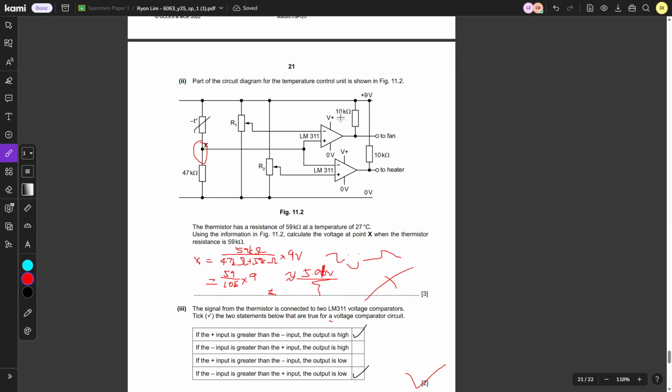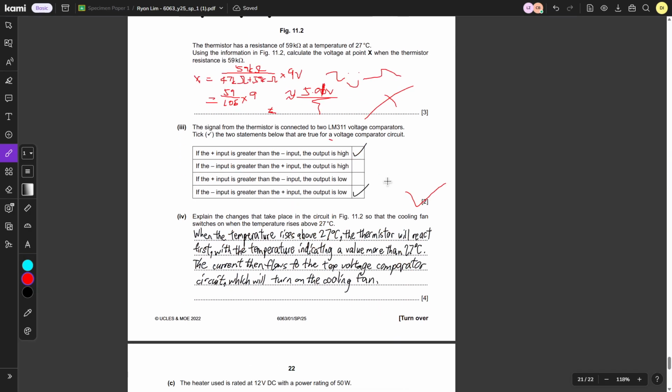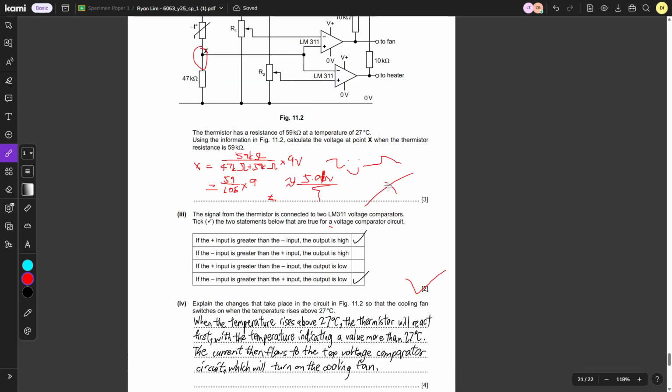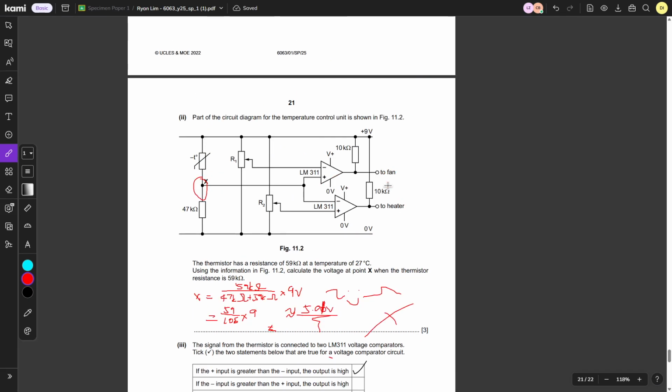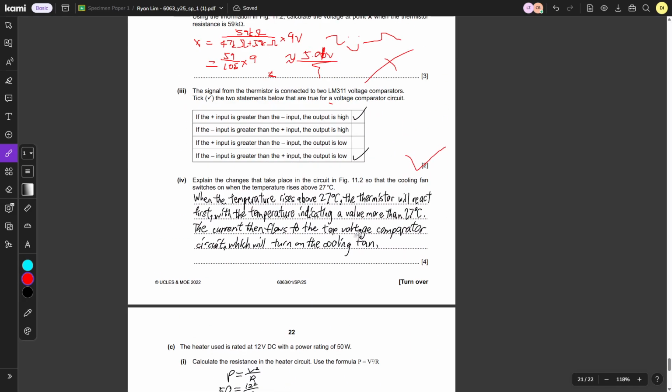I mean, you're not wrong. That will work, yes. That's what will happen. But then, okay, sure, yeah. I can't think of a better answer, so I'll give you the full mark.